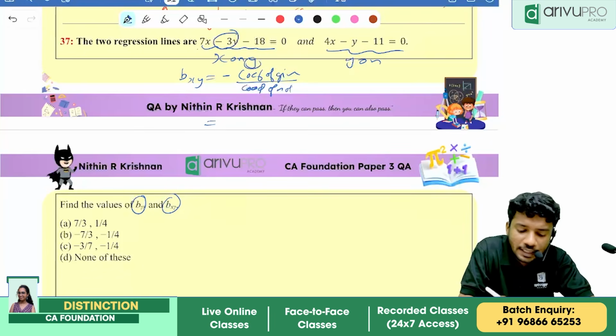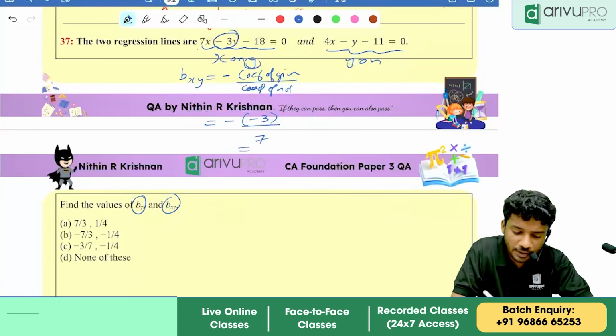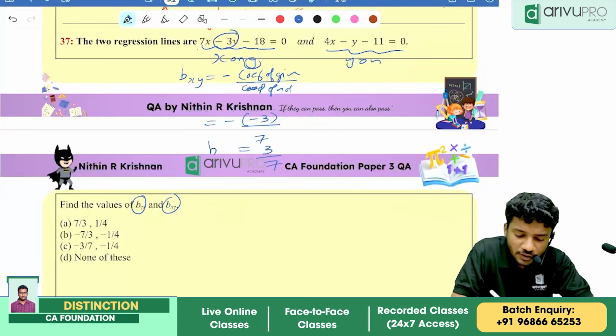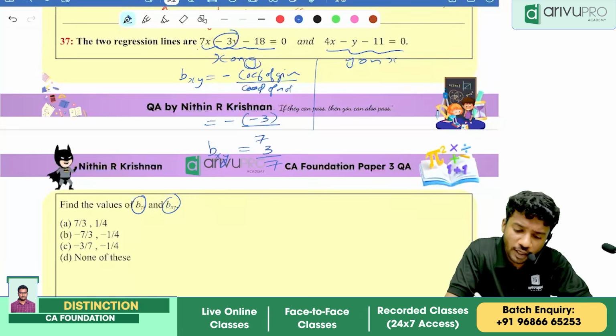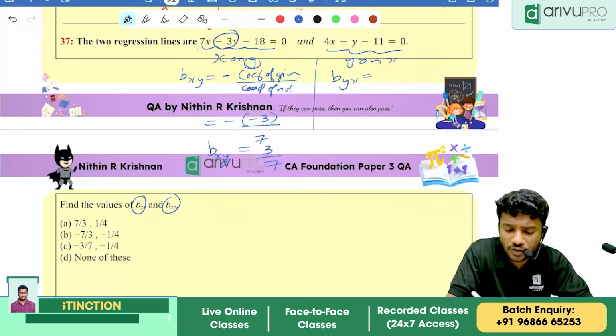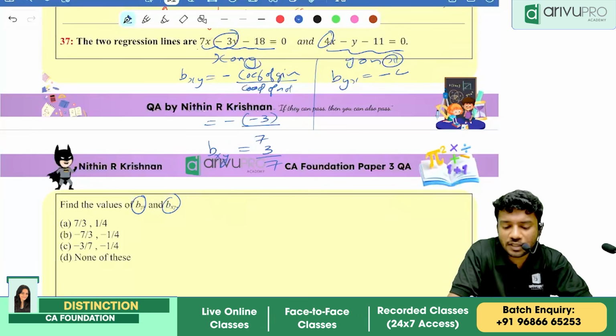That is minus of minus 3 divided by 7. So minus of minus 3 by 7 will become 3 by 7. That is bxy. Then find y on x, byx, which is equal to minus of given, x is given, that is 4, divided by not given, that is minus 1, which is equal to 4.